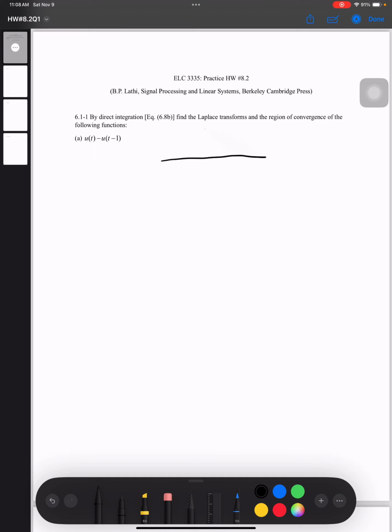For u(t), it's directly this part, and for u(t-1), which is this part. Since it's u(t-1), eventually they will leave this part.